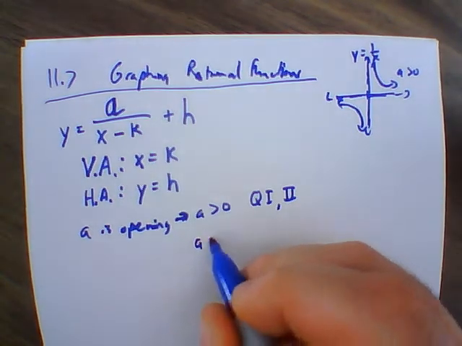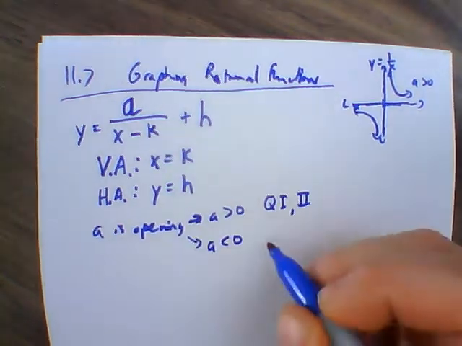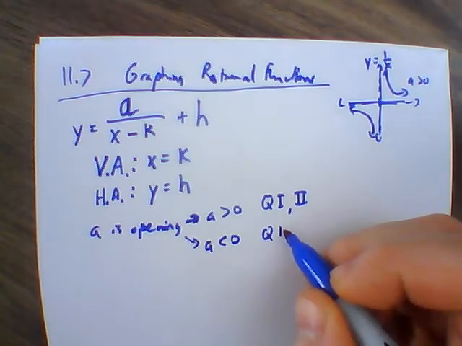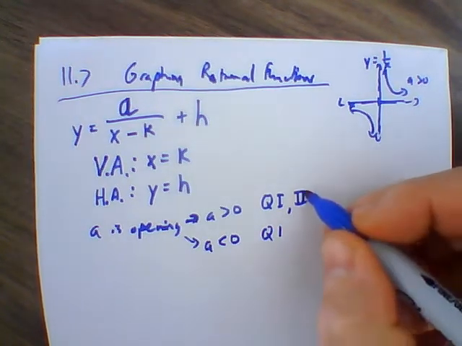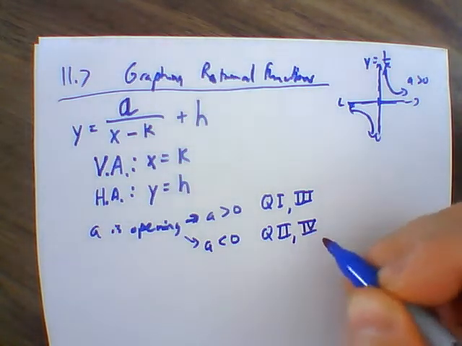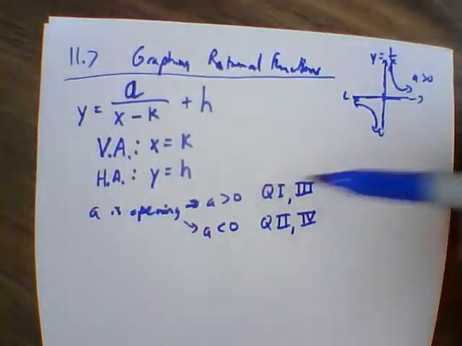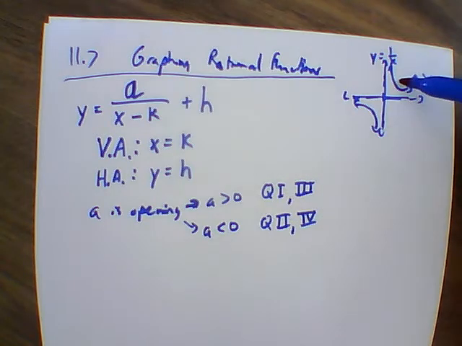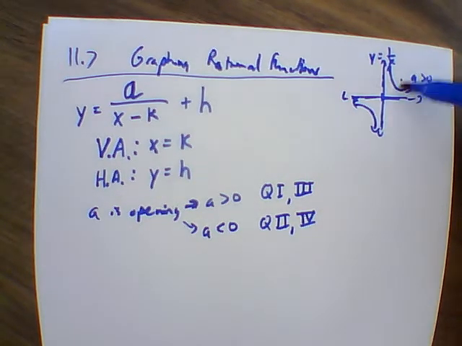If a is less than 0, we're going to be in quadrants 2 and 4. So if it's greater than 0, it's at 1 and 3, upper right, lower left.